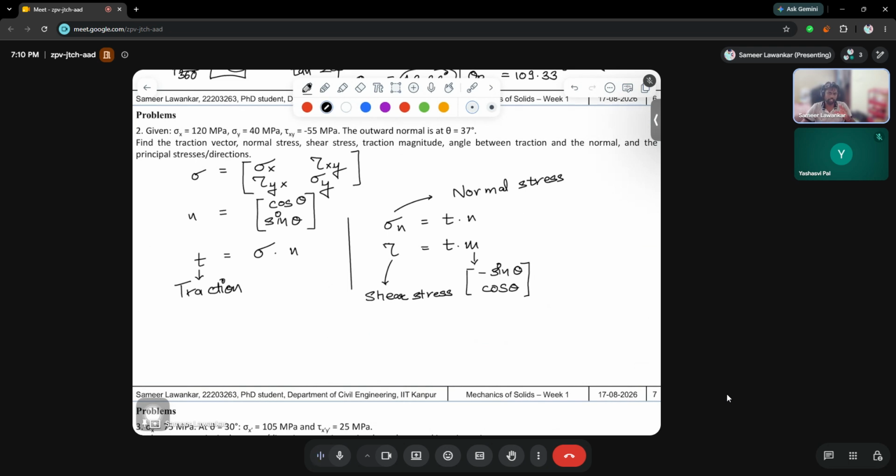The normal vector is at theta equal to 37 degrees. So you need to understand that the normal vector orientation with, let's say, x equal to 0 is given to us. That was the concept I needed to explain. Please calculate it and then we can move forward.